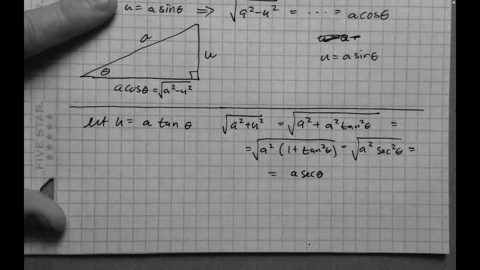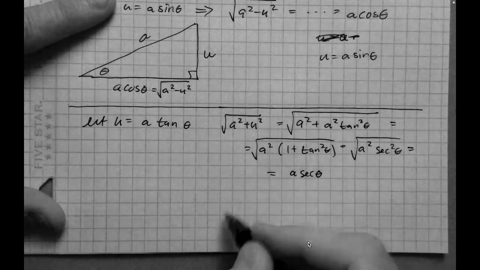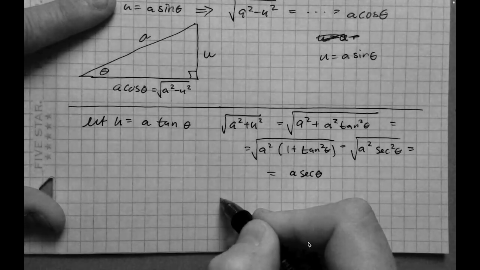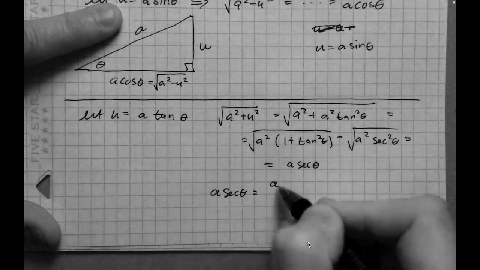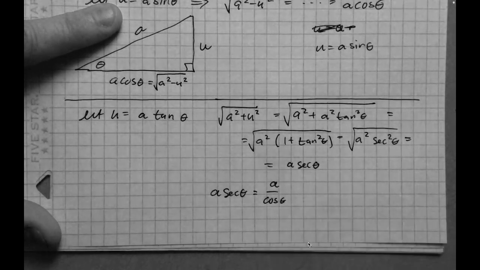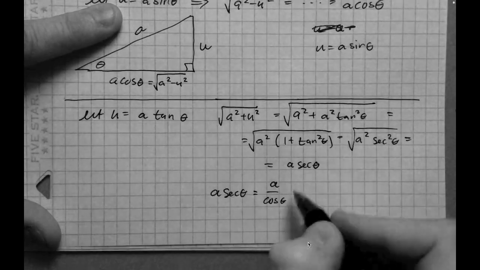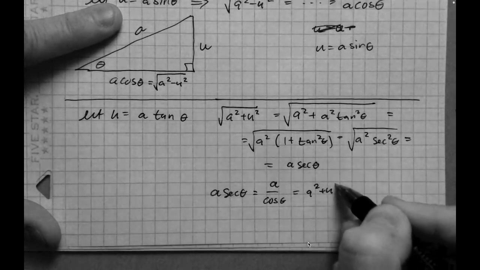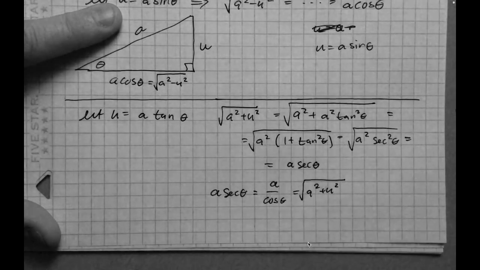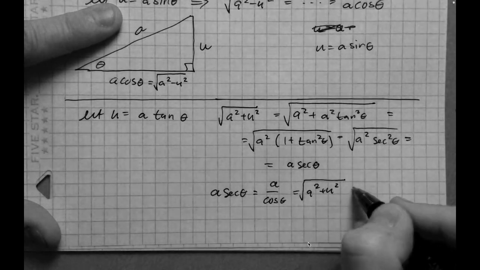Okay? And so you can see then that a secant of theta is equal to a over the cosine of theta, which is equal to the square root of a squared plus u squared. All right, well, what does that imply then?